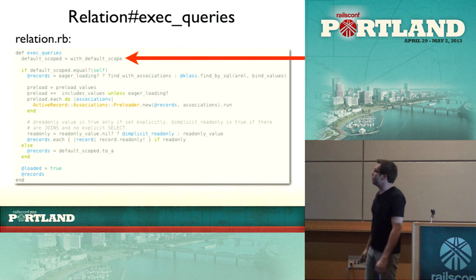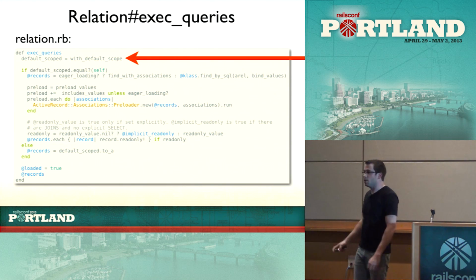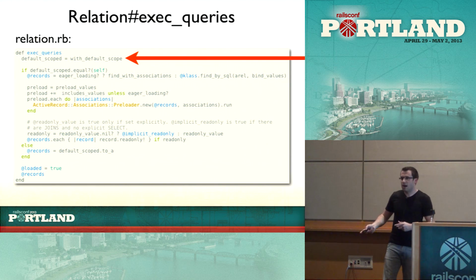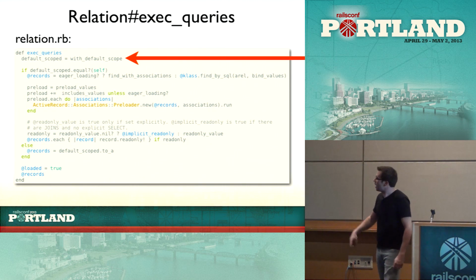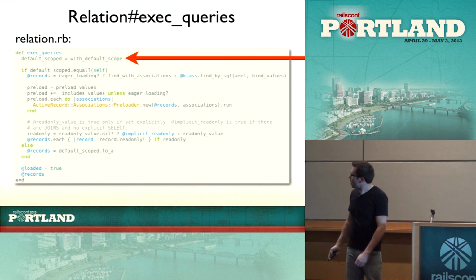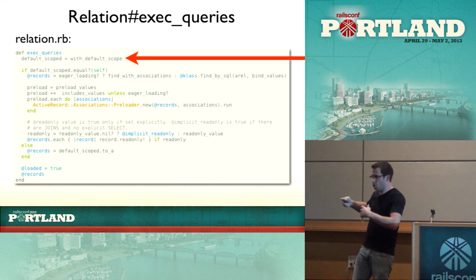You're merging anytime you've ever used default scope because every single time you exec a query against the database, which happens whenever you convert your relation into an array, you're first setting the default scope using with default scope. What with default scope does is if you are default scoped, it returns the default scoped version of your relation. If you are not, it returns self. So that's why you have this check here to basically say, oh, well, if default scope is equal to self, then go ahead and do your thing.